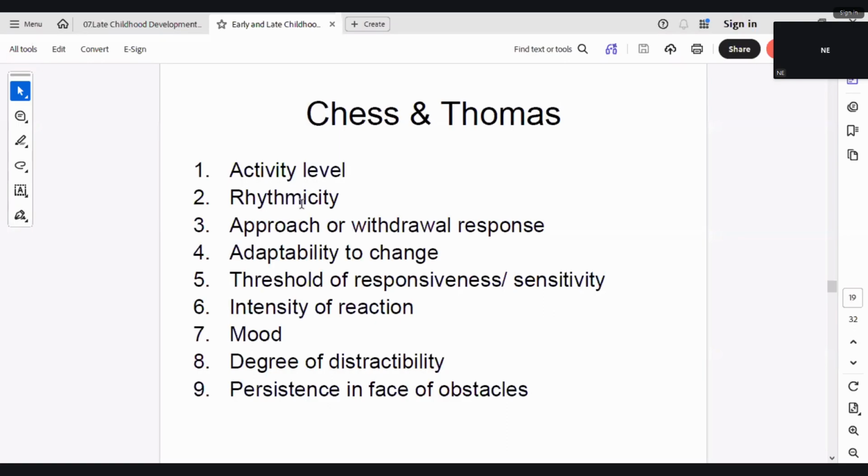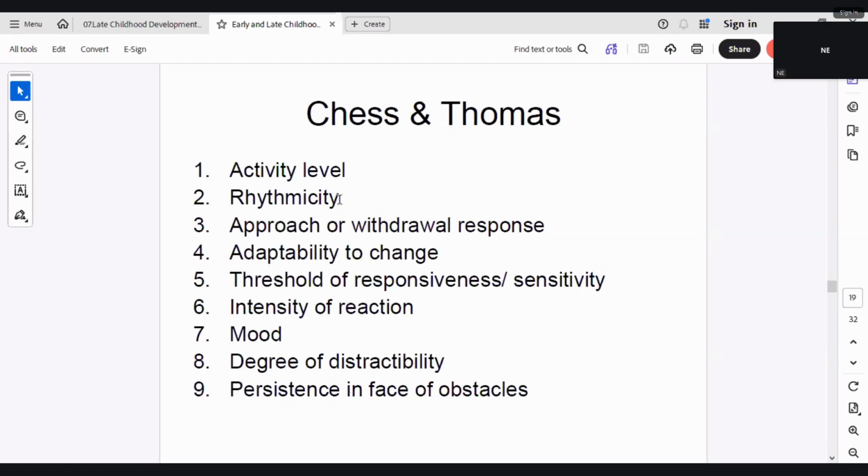So the activity level is different. Rhythmicity, we look at their feeding and their sleeping, their biological clock, if you will. Some kids are poor sleepers, some kids sleep well, some kids can't tolerate hunger when it's time to eat.